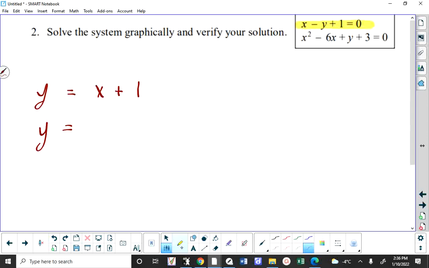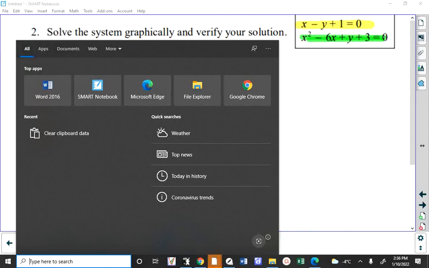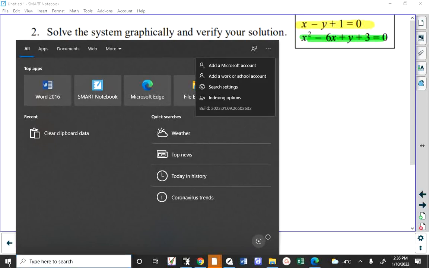Rearranging the second equation for y, which I'm going to highlight in green. Problems here.